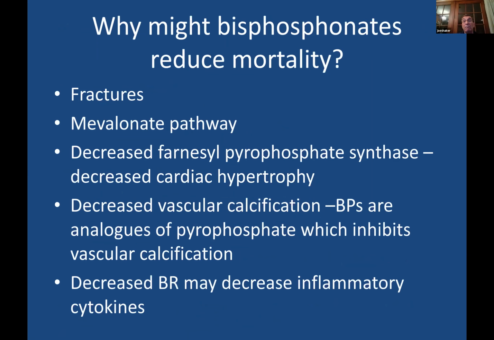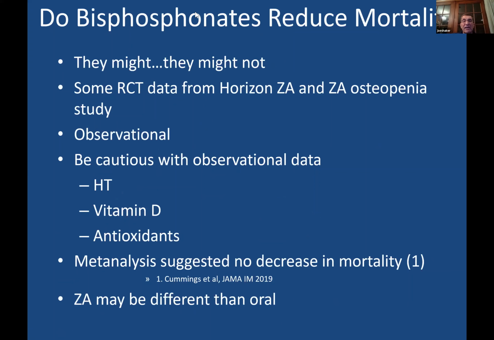So why might they reduce mortality? Beyond fractures, they inhibit the same pathway that statins do. They may decrease cardiac hypertrophy and vascular calcification, and perhaps decreased bone resorption may decrease inflammatory cytokines coming out of bone. So my conclusion about this is they might, but they might not.